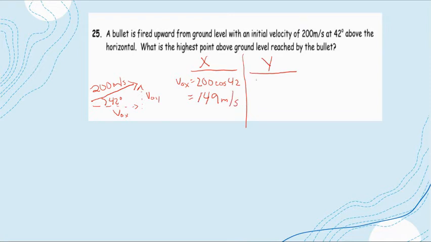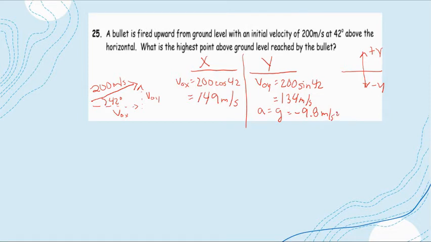And then my v initial y is equal to 200 sine 42, which ends up giving me a value of 134 meters per second. And if I'm setting my positive as being up, and this is what's important, this is my positive y, and therefore this is my negative y. So in this case, my acceleration is equal to gravity, which is downward, negative 9.8 meters per second squared.